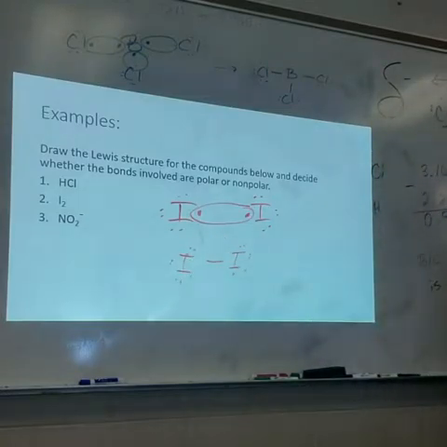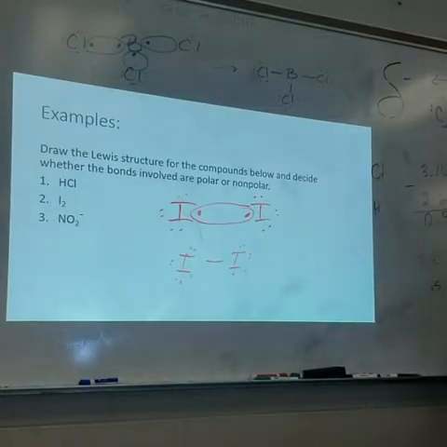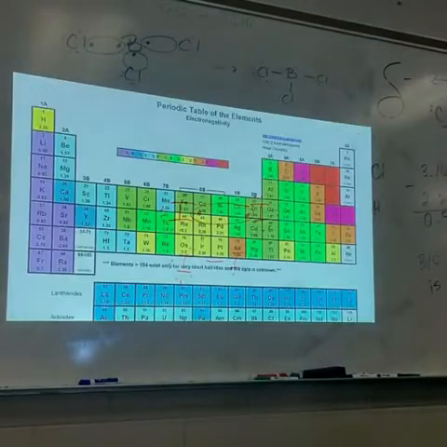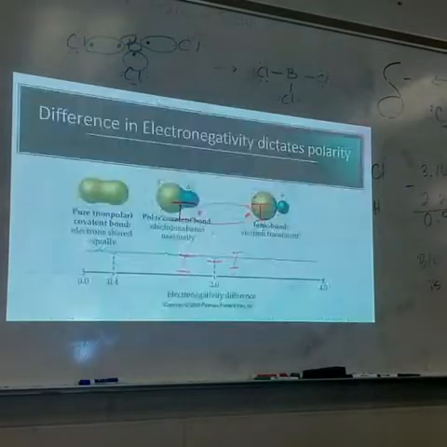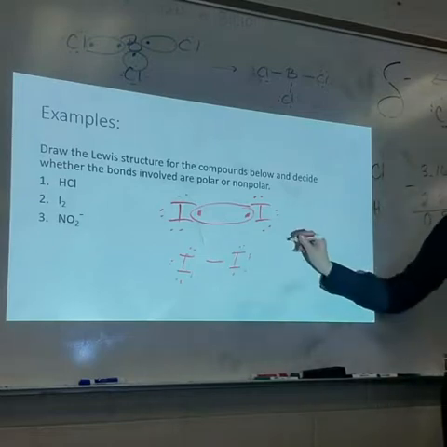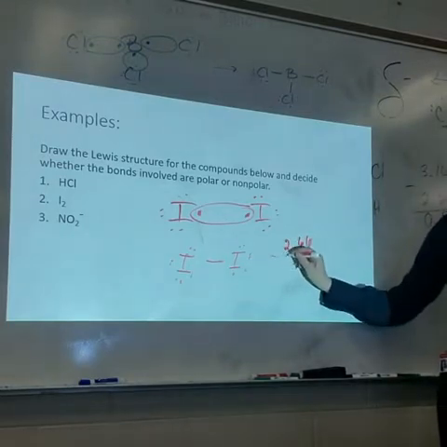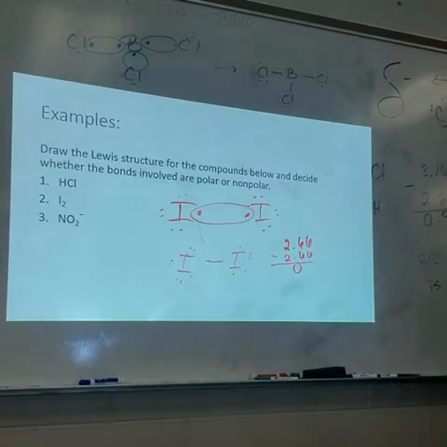Good? All right. I want to figure out whether this is polar or nonpolar. If I were to do the math, I go to my periodic table with the electronegativities. Iodine is 2.66. So iodine bonded to iodine, 2.66 minus 2.66, that equals 0, right?